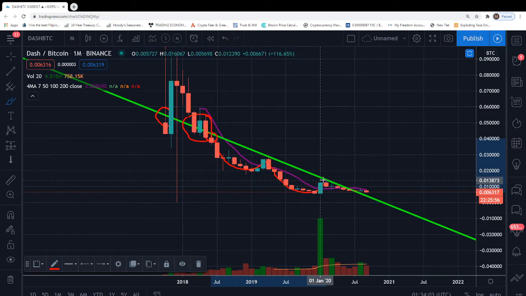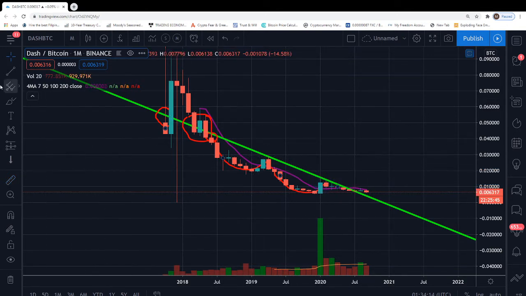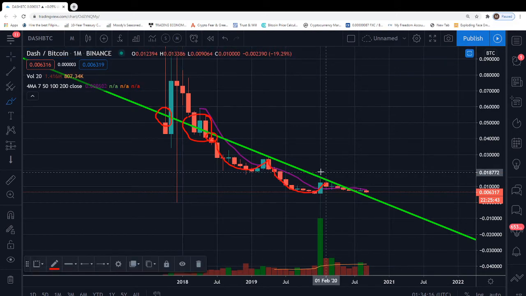And of course we had another touch point, a very aggressive move here in January 2020. A very aggressive move in a 1 month candle of about 165%. And we also caught resistance on that candle as well, as you can see.